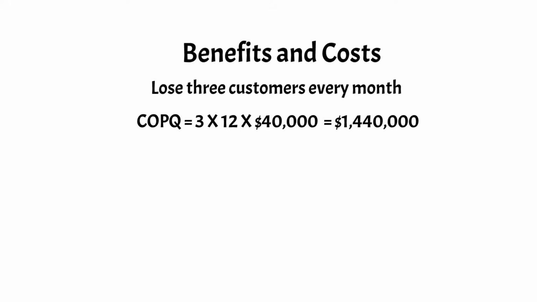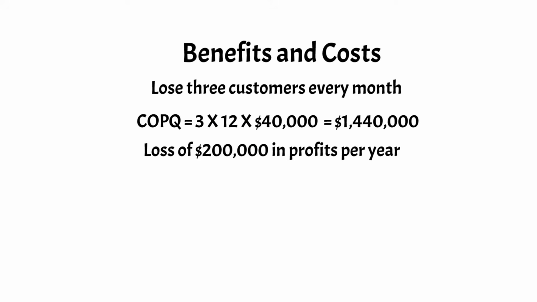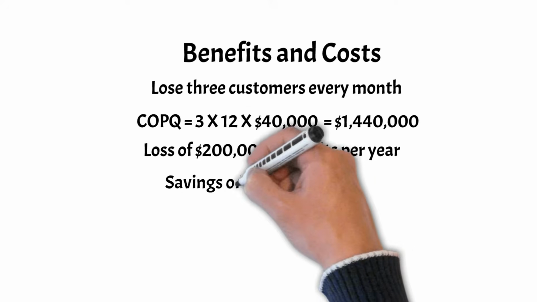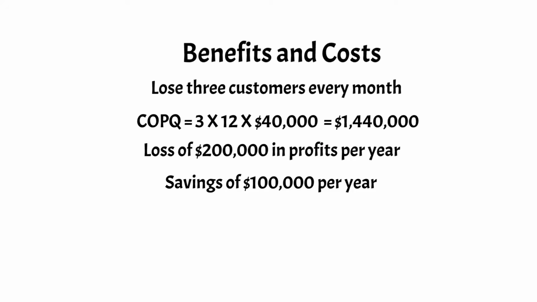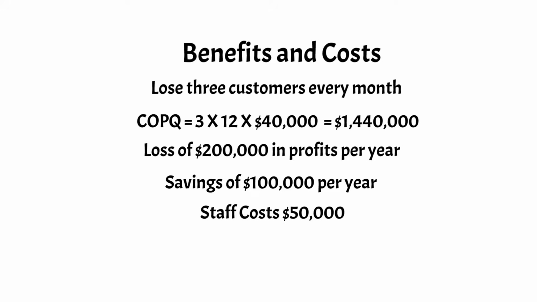The finance department, on the other hand, estimates that this represents a loss of about $200,000 in profits per year. By shortening the cycle, it has been estimated that at least half of this amount could be saved, or $100,000 per year. 3 staff will be assigned part-time to the project for 3 months at a cost of $50,000.